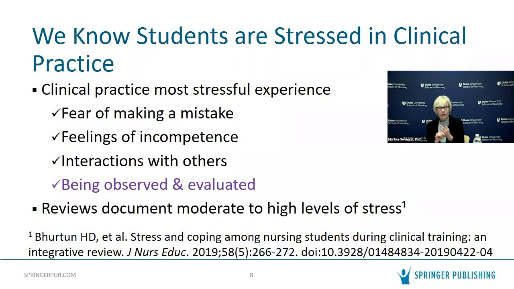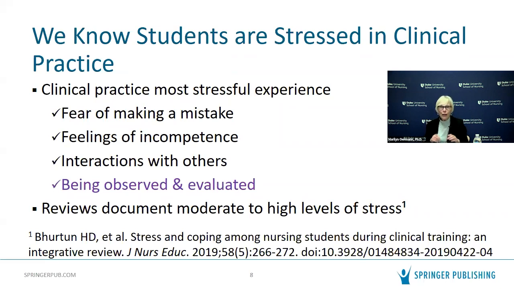They don't have confidence in their clinical judgment. We know they're stressed when they have to interact with providers, physician, PT, staff nurses, and the instructor, unfortunately. And they've reported that being observed and evaluated is another source of high stress.